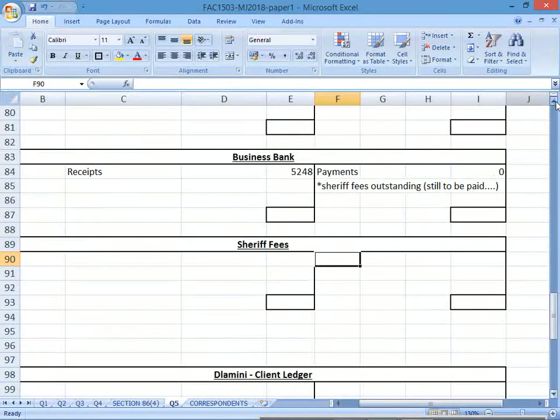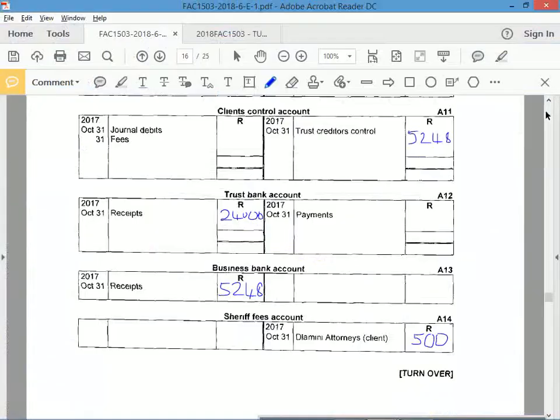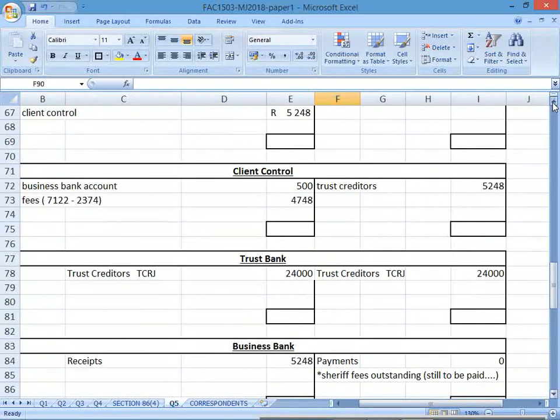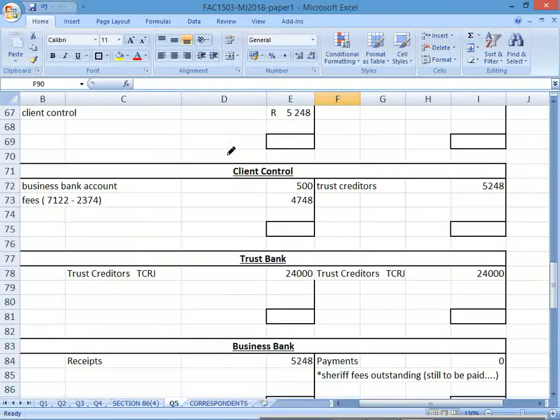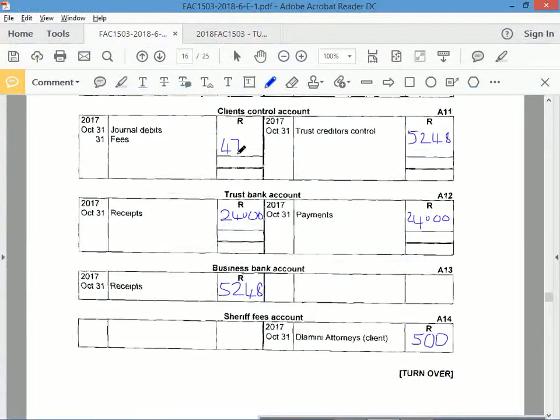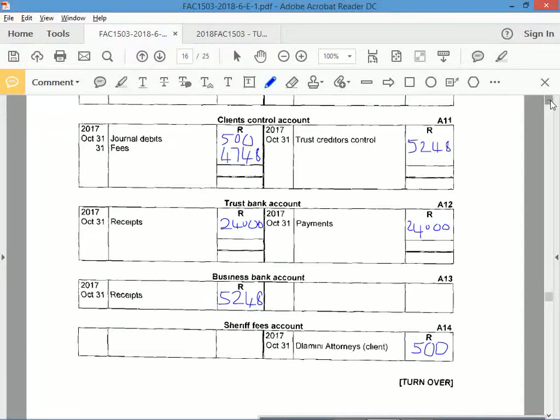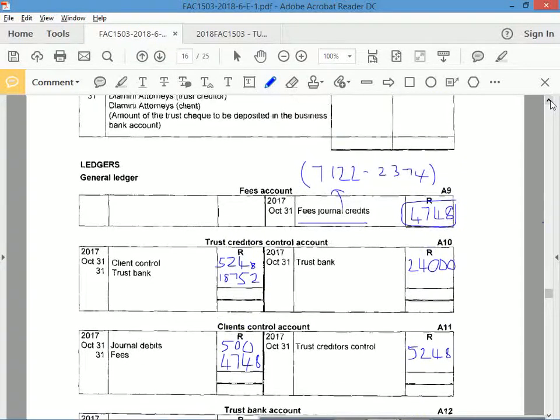Okay, maybe I should transfer these figures through that I've got here. Trust bank account 24. Okay, this one would have been 4748, 500. Now have I finished all of these?